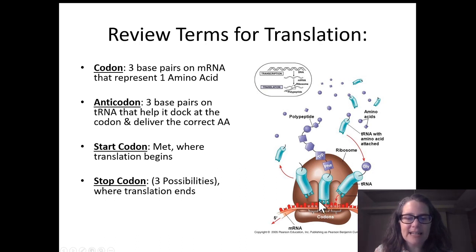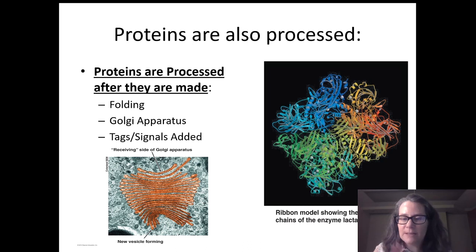A tRNA has an anticodon on one end, and then it delivers a specific amino acid. So UUU for that codon always means phenylalanine. This is how your cells can deliver a very specific sequence of amino acids in order to build a very specific protein for you.